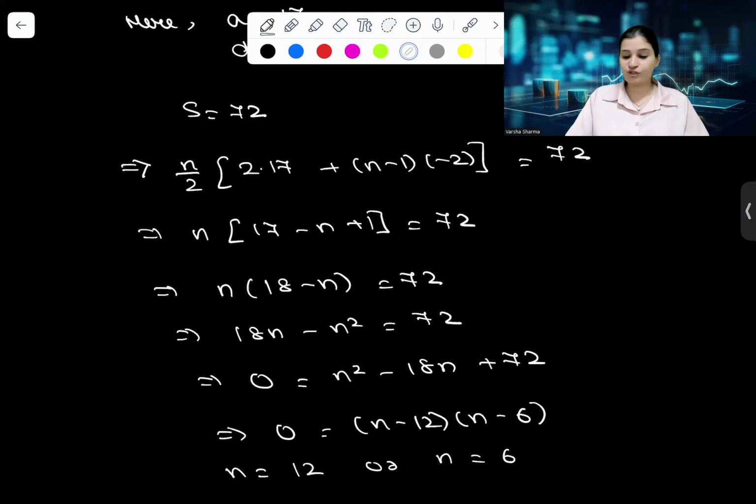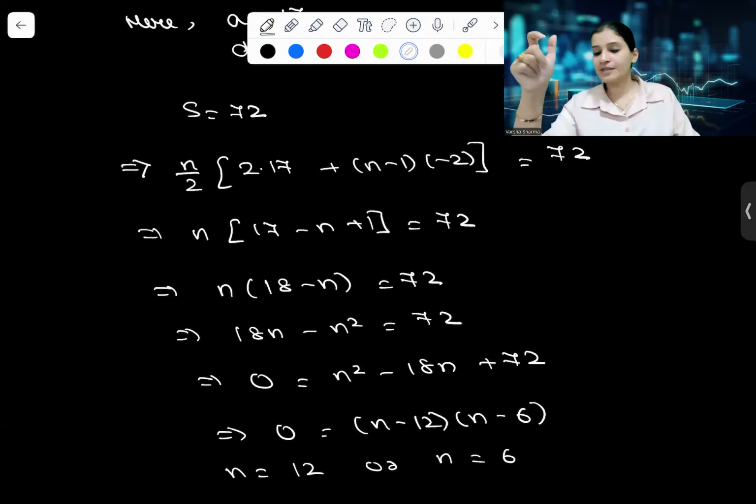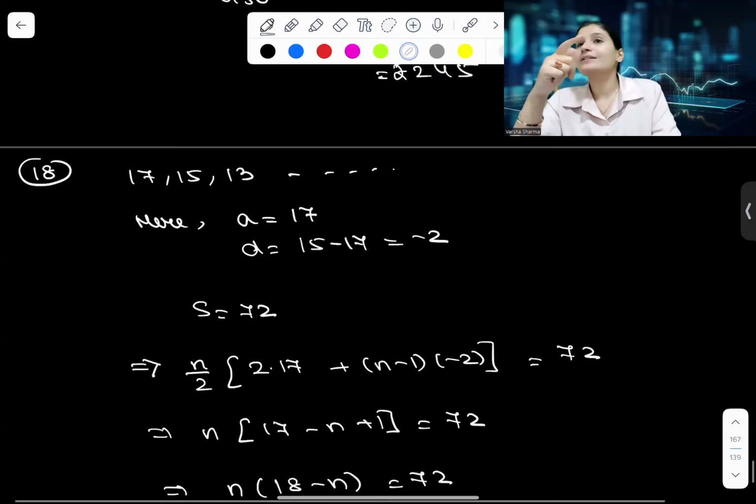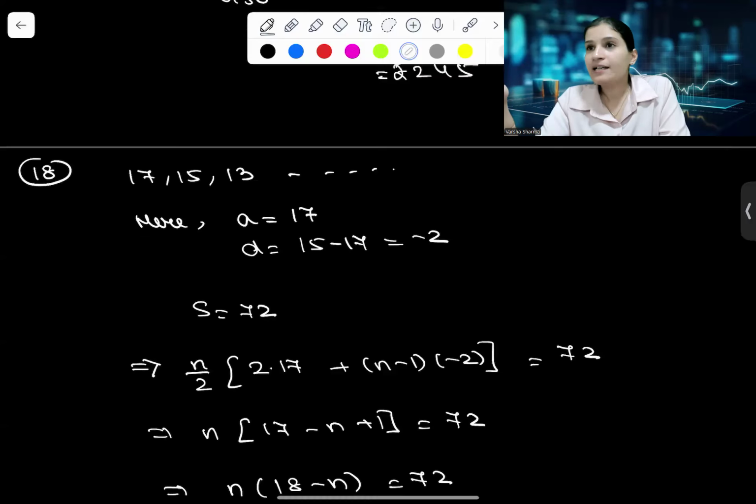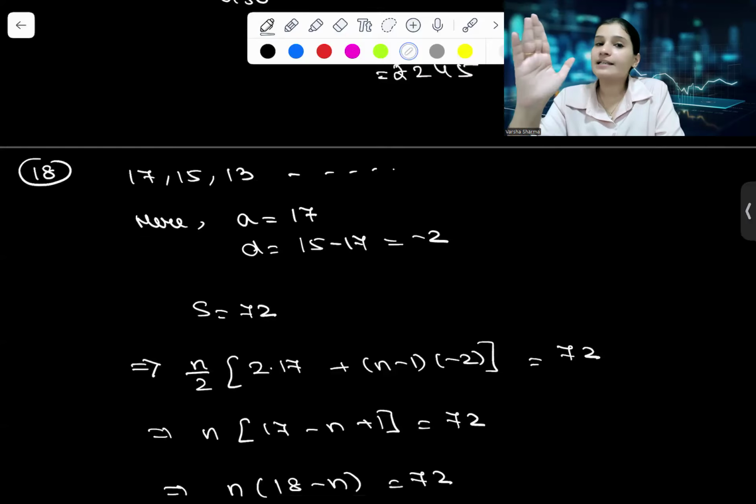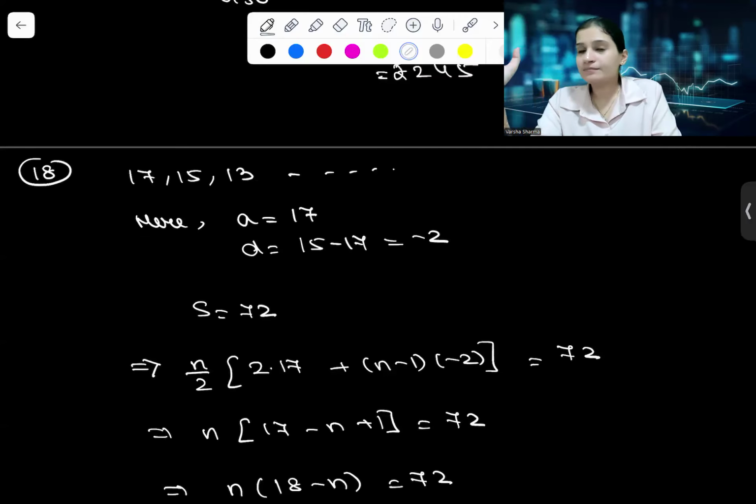So either the sum of first 12 terms is 72 or the sum of first 6 terms is 72. Why is that the case in general, I'm asking? Sum of first 6 terms is 72, fine. But the sequence is decreasing now, right? So till the 6th term, we have positive terms. Then it keeps on decreasing.